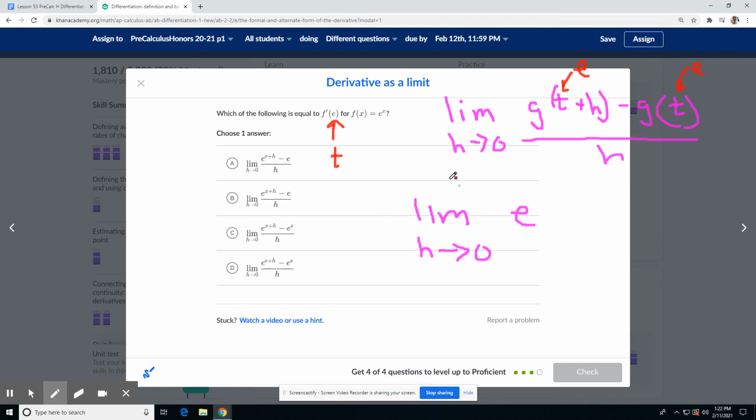So it's going to be e to the e plus h minus e, the function with that value, e to the e, all over h. All right, do any of those match? And is that it right there?